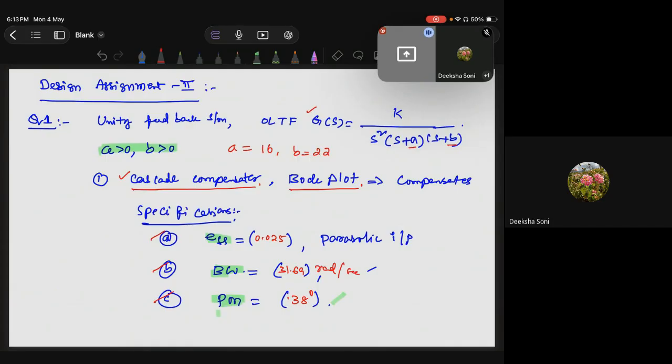And we have to design this cascade compensator using the frequency response Bode plot, okay, to meet these three specifications: ESS, bandwidth, and phase margin of these values. These are the values we have chosen.